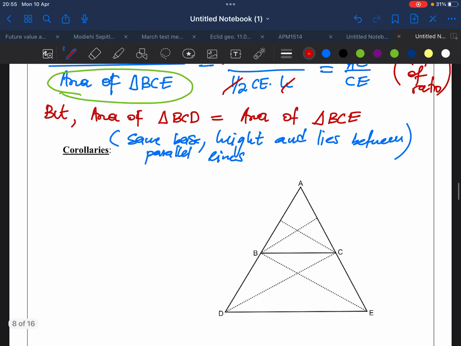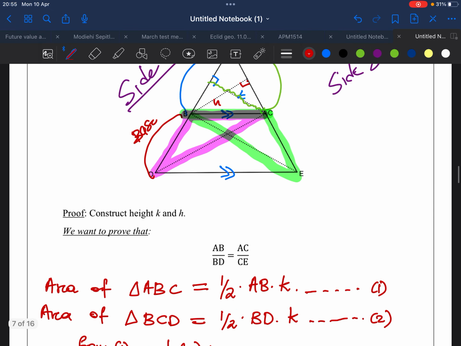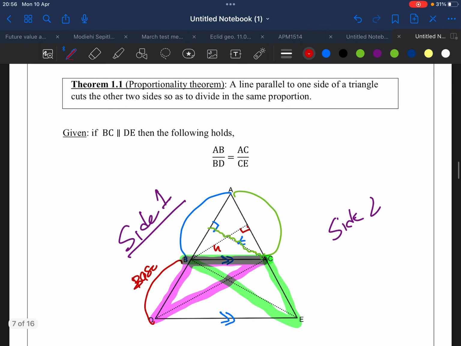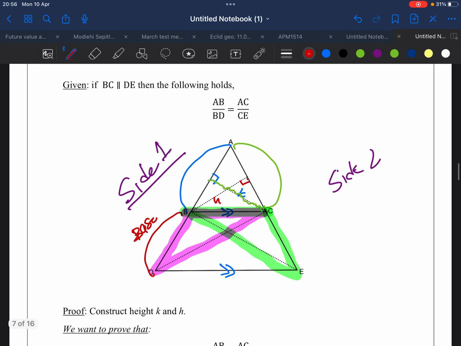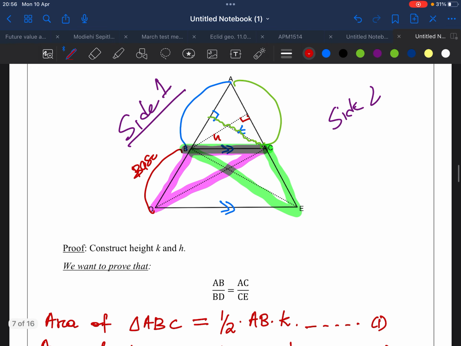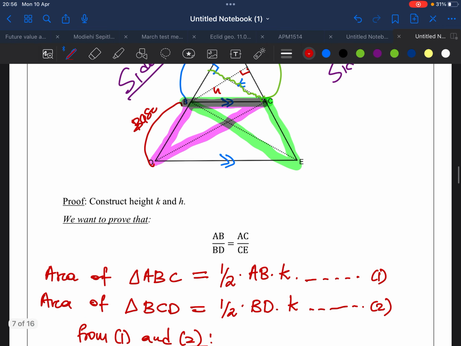Previously we have proven that AB over BD is equal to AC over CE. We worked with the proof as is.